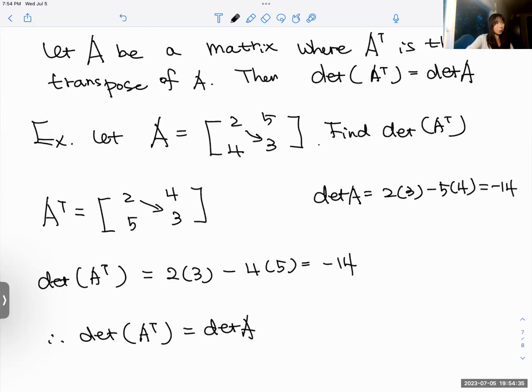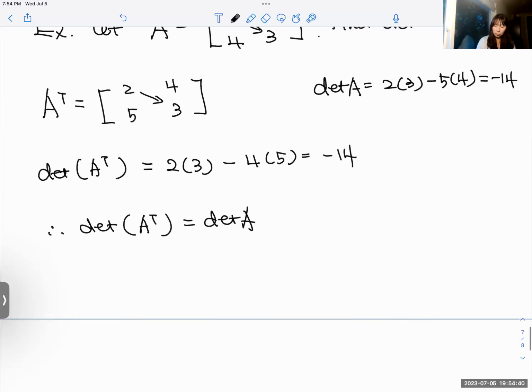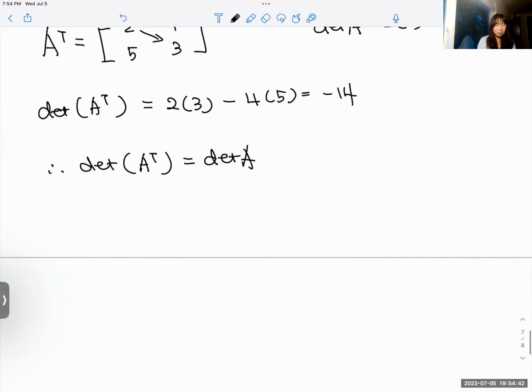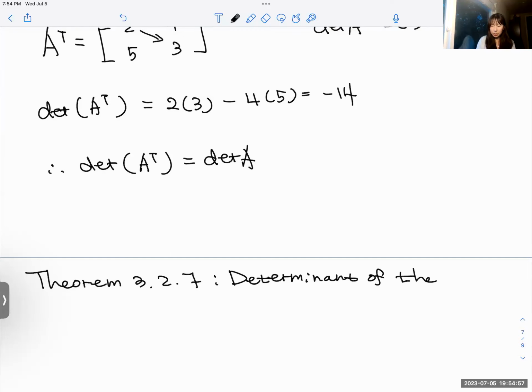So this will be the last one. So we have a theorem, 3.2.7. Determinant of the inverse. Okay, now let A be n by n matrix.